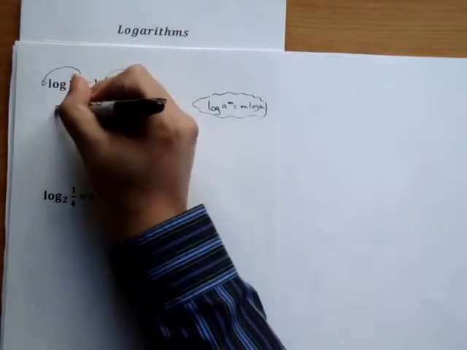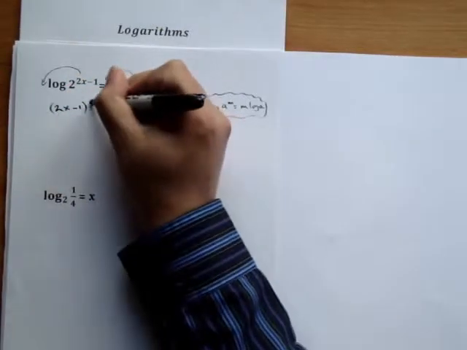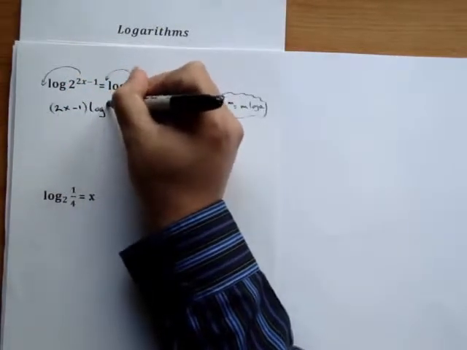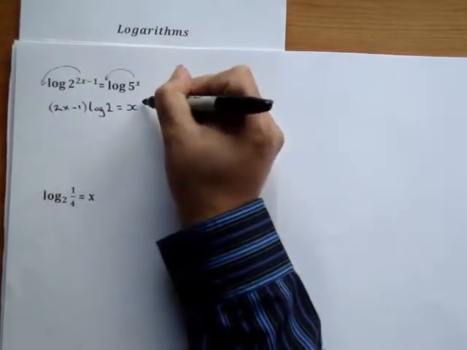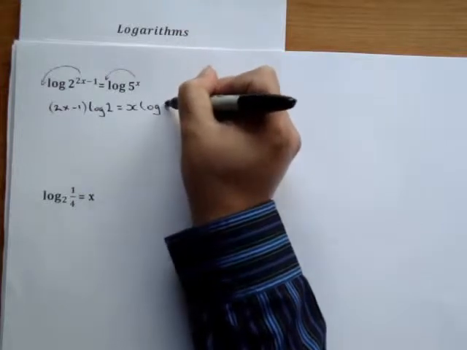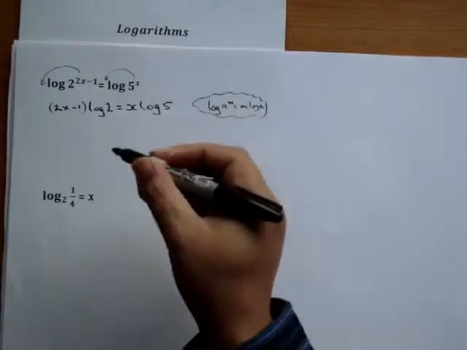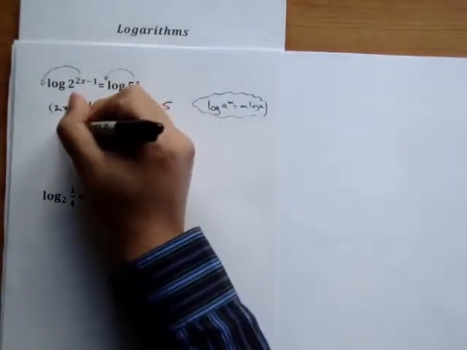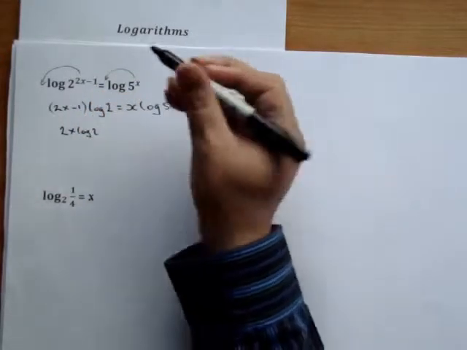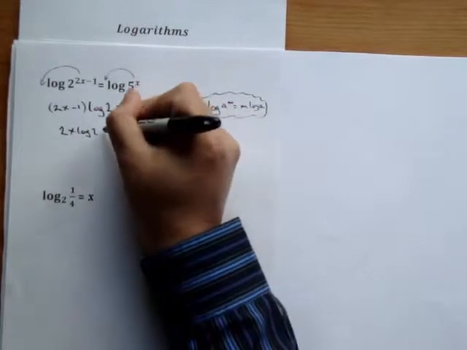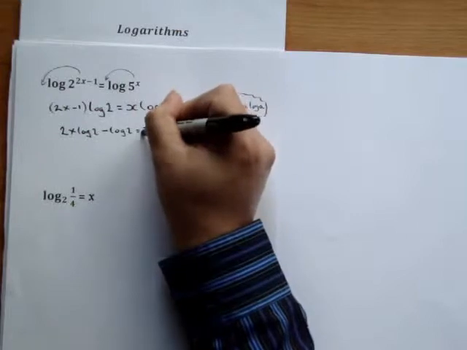So (2x minus 1) log 2 equals, bring down the x, x log 5. Get rid of the brackets, we get 2x log 2, and then the minus 1, we get minus log 2, equals x log 5.